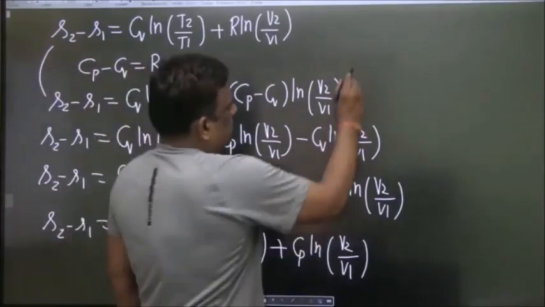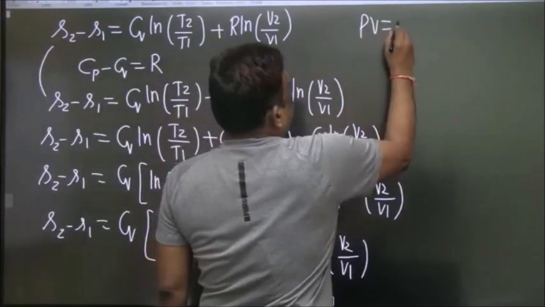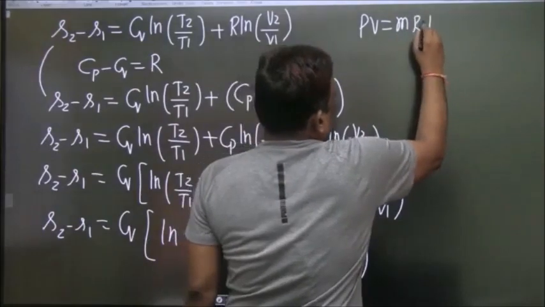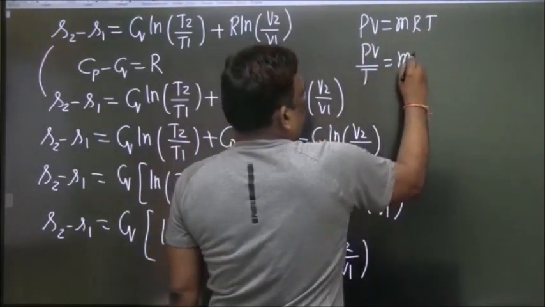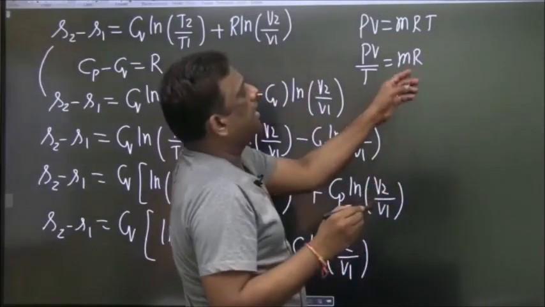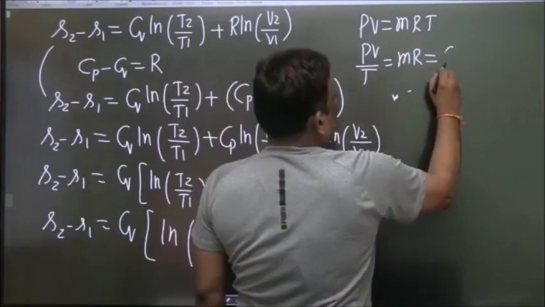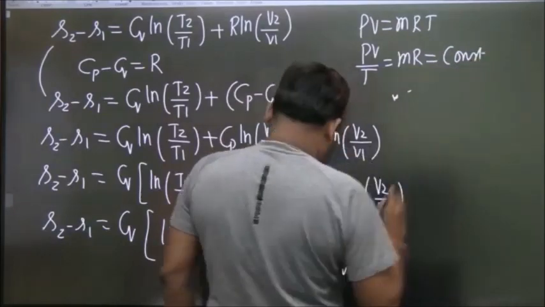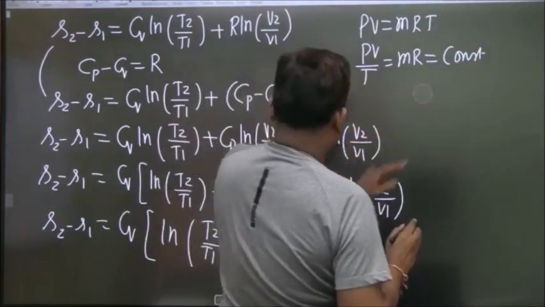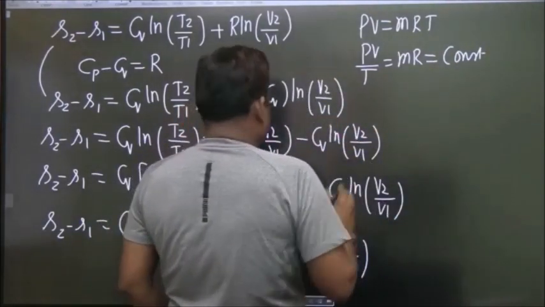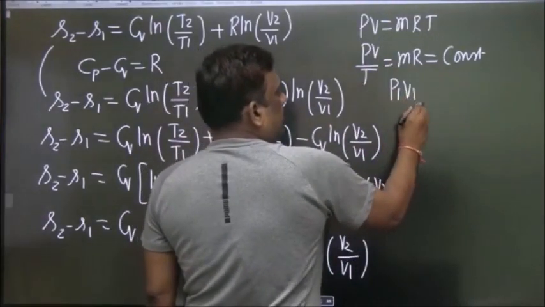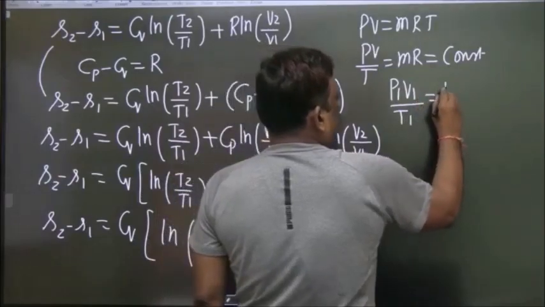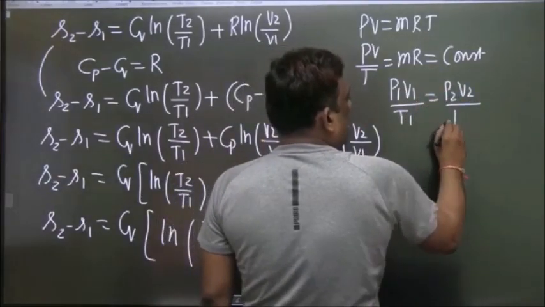And you know, my dear students, PV is equal to mRT, or PV by T is equal to mR. Mass is constant, R is constant, so this is constant. So we can write P1 V1 by T1 is equal to P2 V2 by T2.